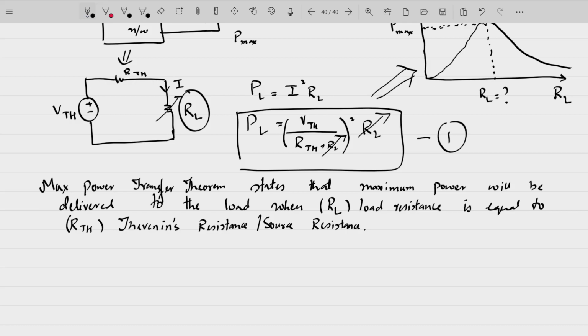Whatever resistance is associated with the source, you can name it RTH or RS. When RL is equal to RTH or RS, maximum power will be delivered to the load.